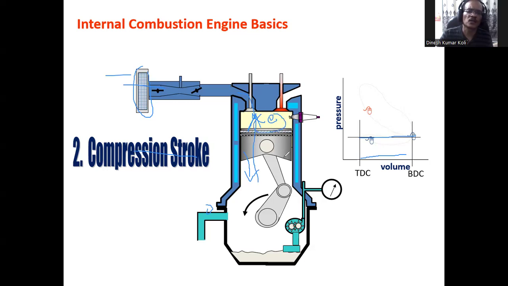The piston is moving from BDC to TDC, compressing the gases. This is called the compression stroke. You can also see here the valve timing diagram connected with the crankshaft.